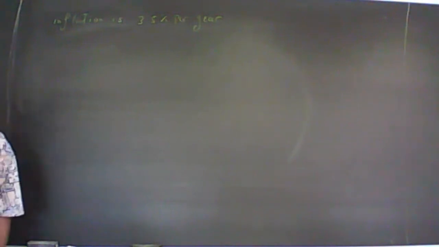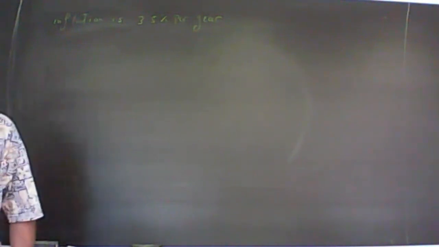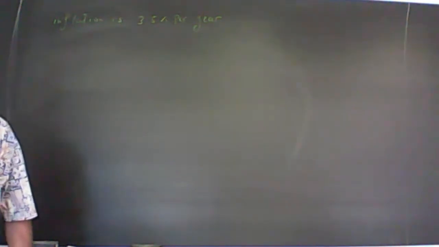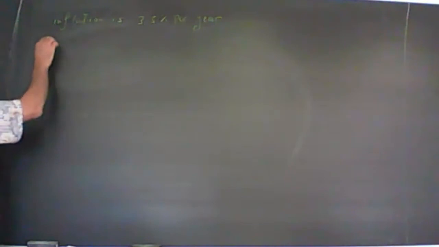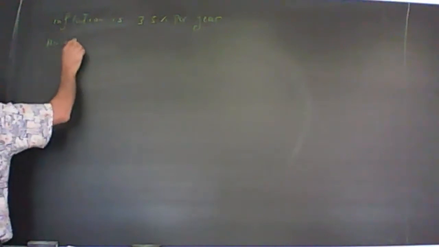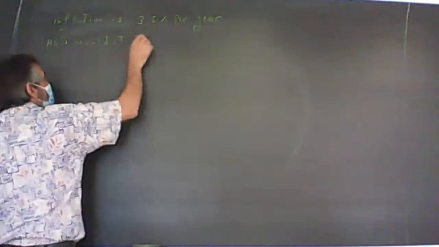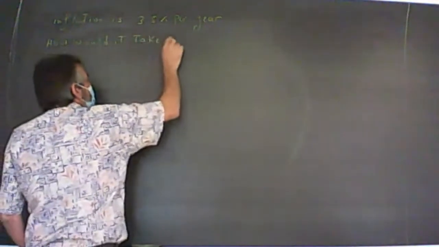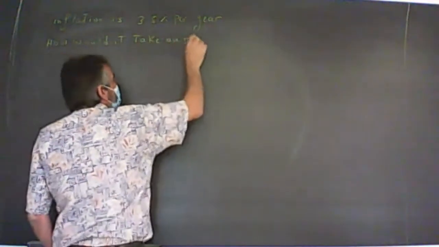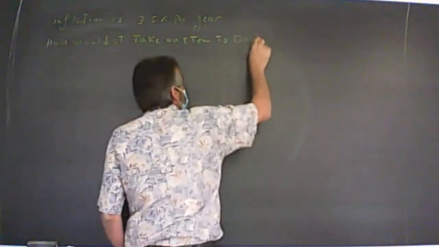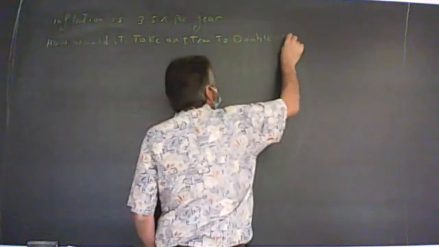So basically, suppose an item costs some amount of money today. The question is, how long would it take an item to double in price?